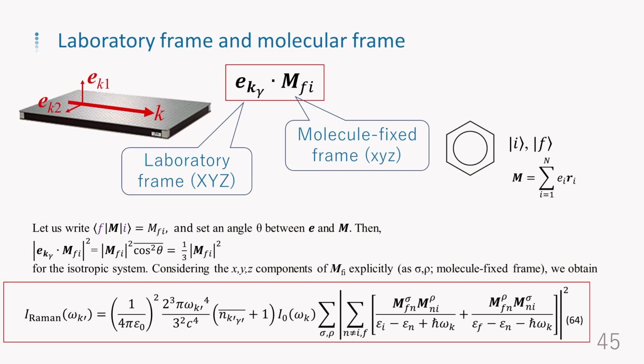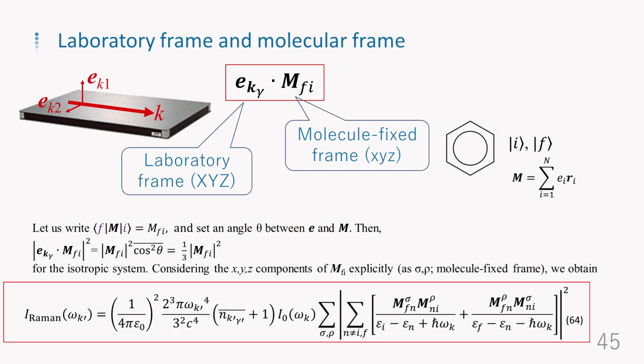And this small xyz frame can be made identical to the laboratory frame by considering three angles, the so-called Eulerian angles. I cannot explain in this figure, but anyway, by considering some three angles, it's possible to make it identical.